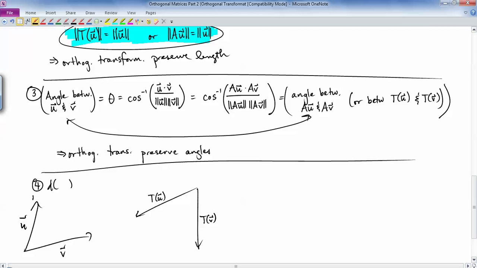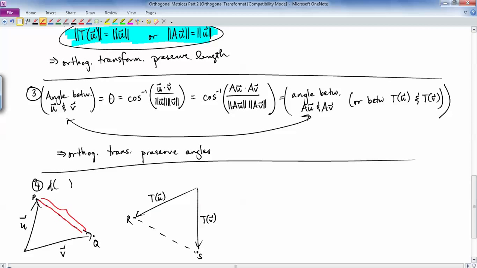And so this one is P, this endpoint's Q, this one's R, this one's S. And we're supposed to show that this length is the same as this length as long as T is defined by an orthogonal matrix. So we can do this a few different ways, but one of the ways that I think is simple is this length right here.